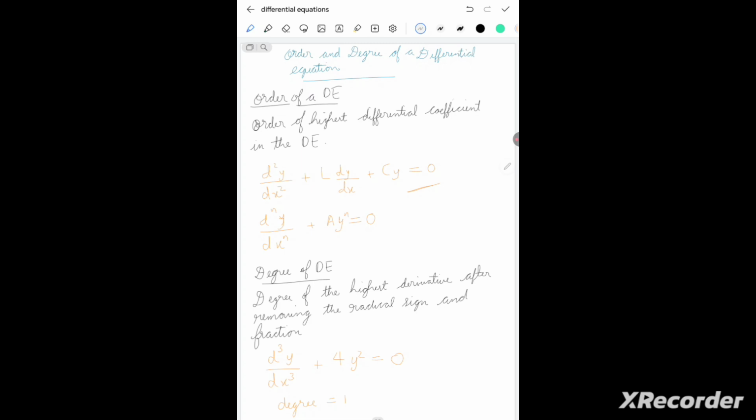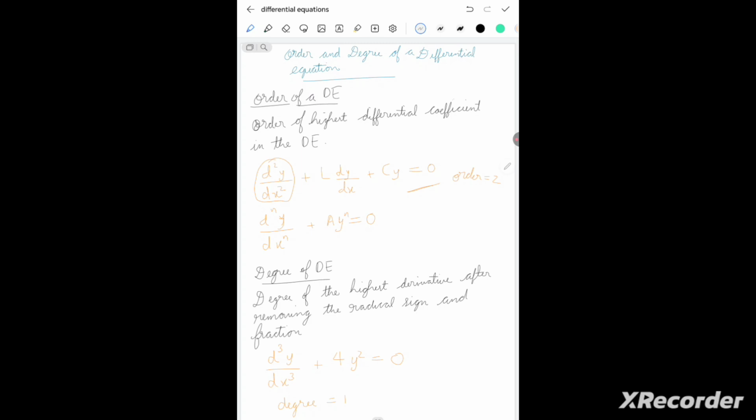Now what is the highest differential coefficient? D square y by dx square. So what is the order? Order is 2.